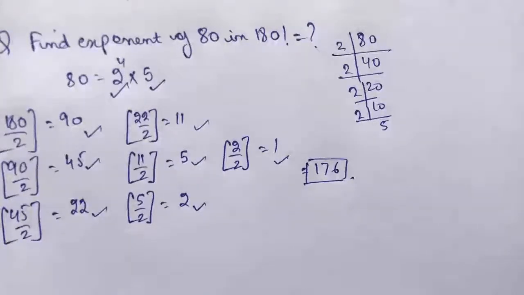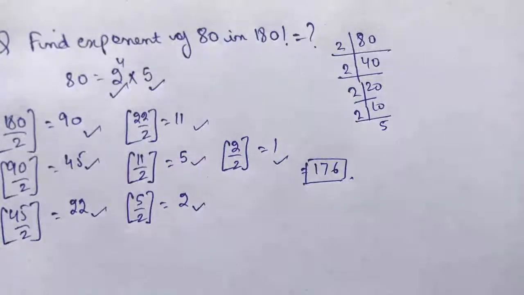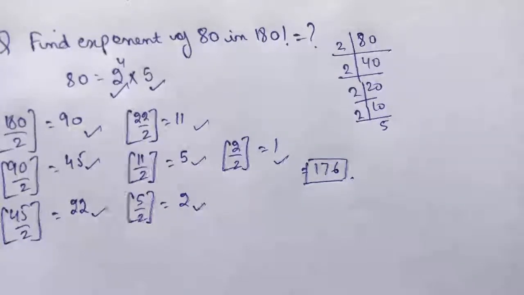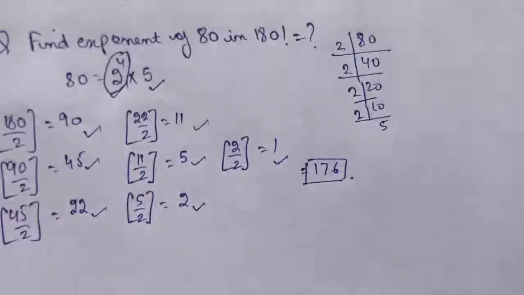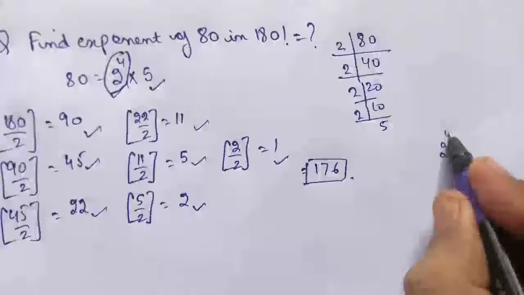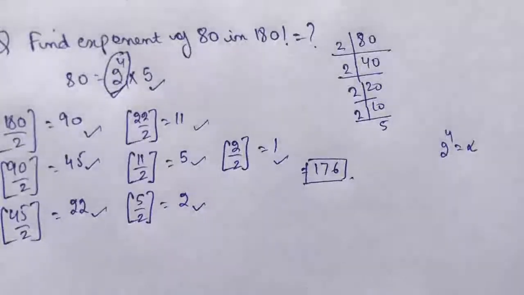Now let's see what is the use of this 176 number of 2's. The basic foundation of 80 is 2 raised to the power 4. If 2 raised to the power 4 is termed as alpha, how many alphas are present in 180 factorial?